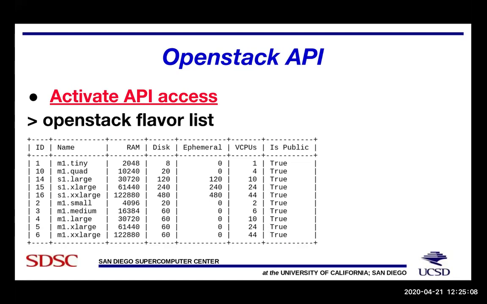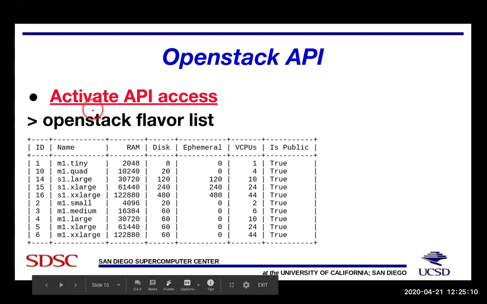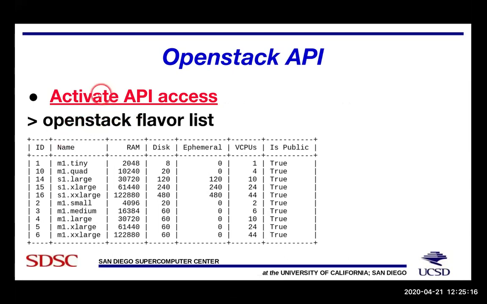So you install the OpenStack command line tool, which is based on Python, and then you follow the instructions from Jetstream on how to automatically have authentication. Then from your desktop machine, from your laptop, you can drive the virtual machines on Jetstream.